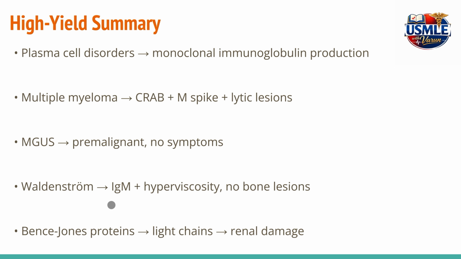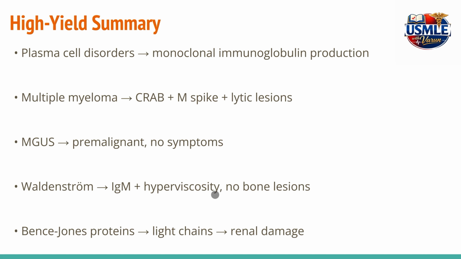To summarize, plasma cell disorders involve monoclonal immunoglobulin production. Multiple myeloma presents with CRAB features, M spike on SPEP, and lytic lesions. SPEP is nothing but serum protein electrophoresis. MGUS is a pre-malignant condition, and this is mostly asymptomatic. Waldenström macroglobulinemia involves IgM and hyperviscosity.